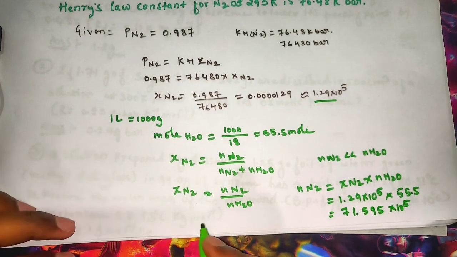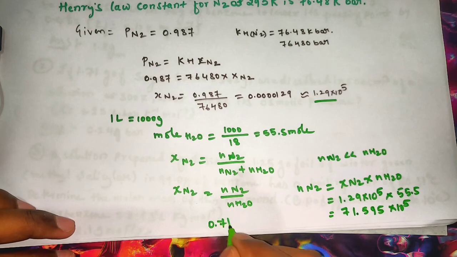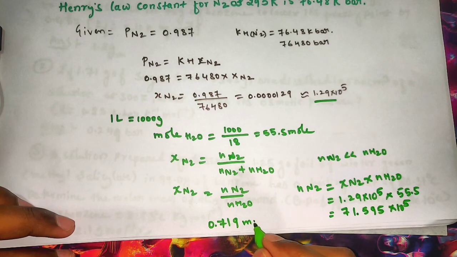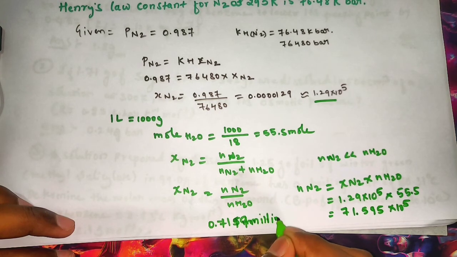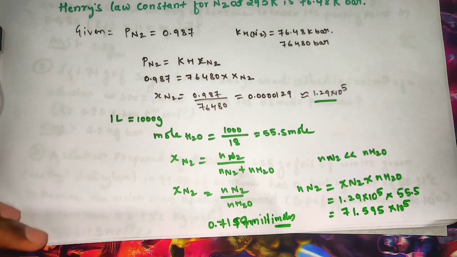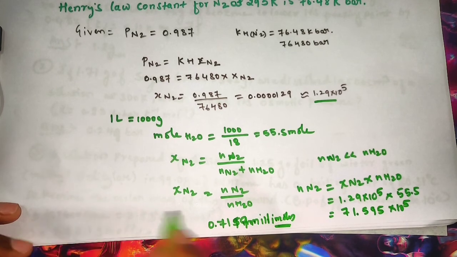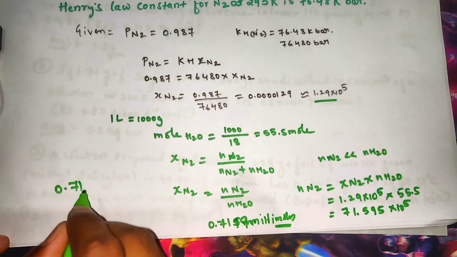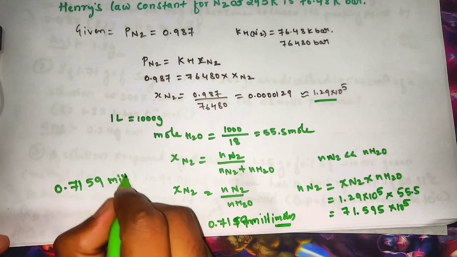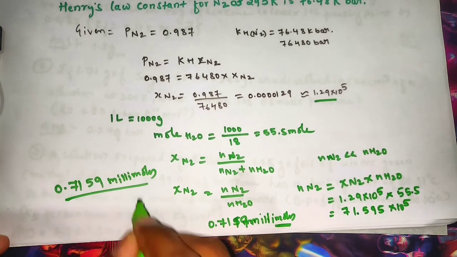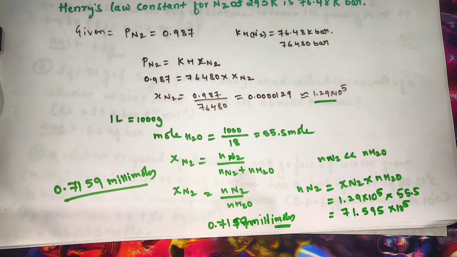This can be written as 0.7159 millimoles. Just calculate and check this answer. This is the amount of N2 gas dissolved in 1 liter of water.